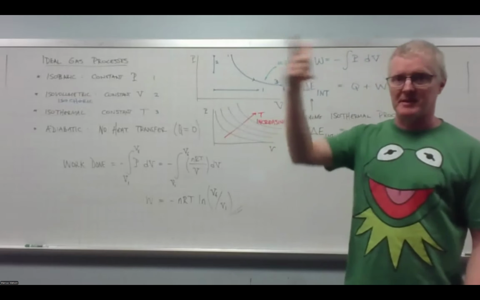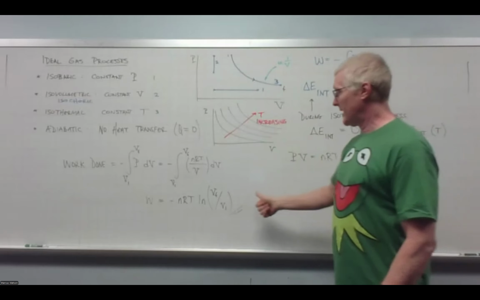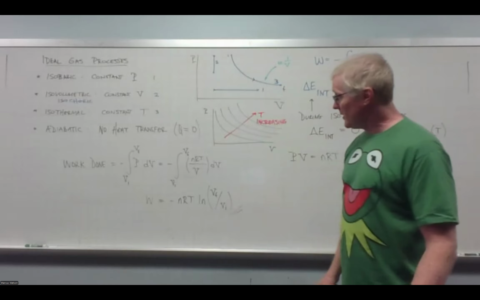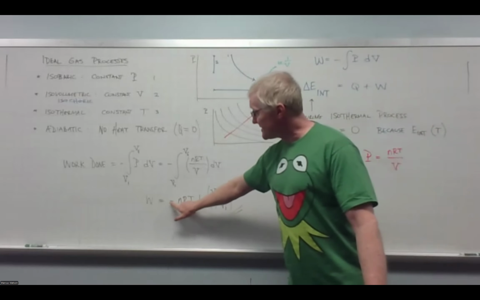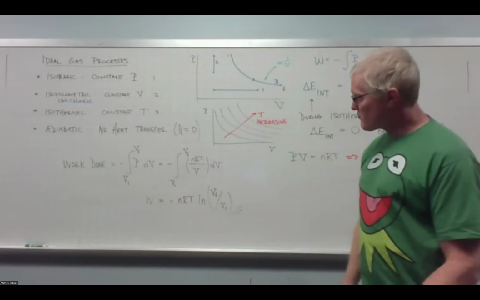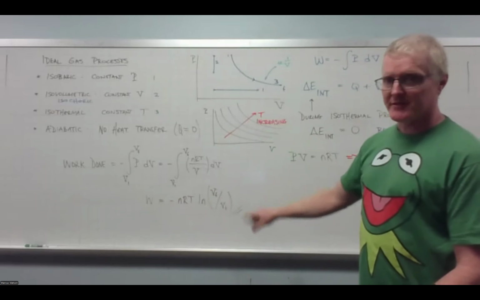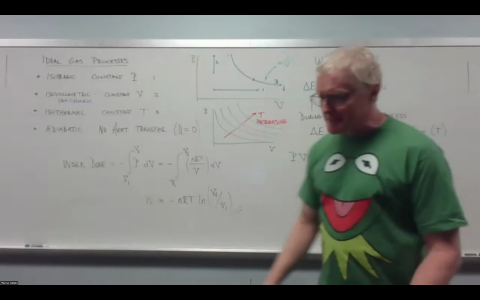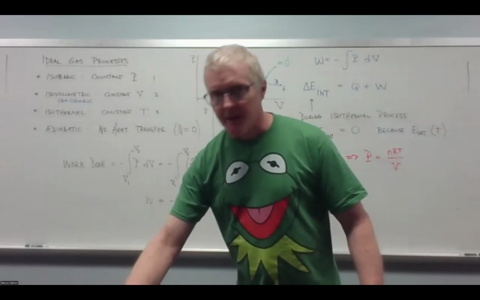We consider that to mean energy is leaving the system and work is being done on the environment. So the negative tells us the system energy is decreasing due to this. All right. Happy days.